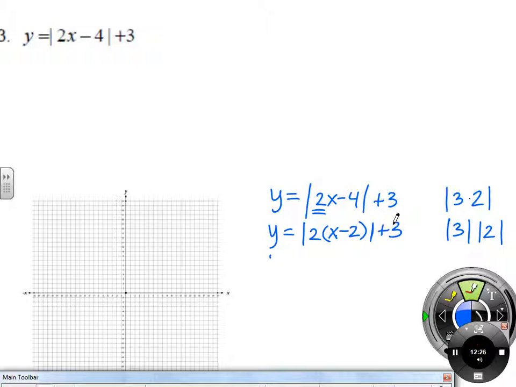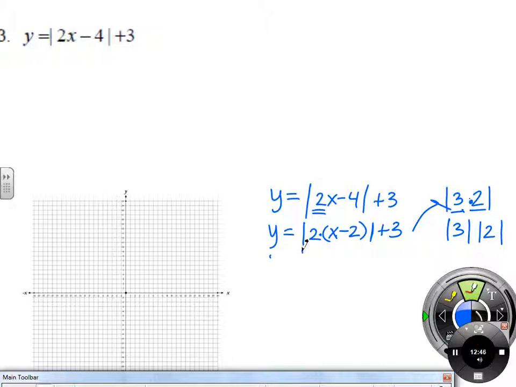So you might think, well, that didn't help us. The 2 is still in the absolute value. But now what we have in the absolute value is a little multiplication problem. 2 is one of the factors, and x minus 2 is the other factor. And we said over here, if you have a multiplication problem, it doesn't matter whether you take the absolute value after you multiply or whether you separate them out.